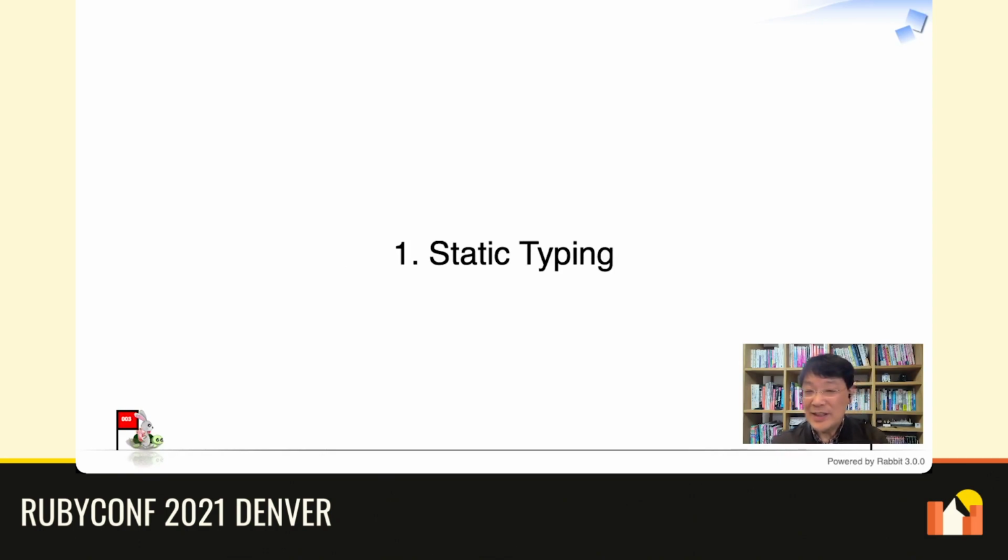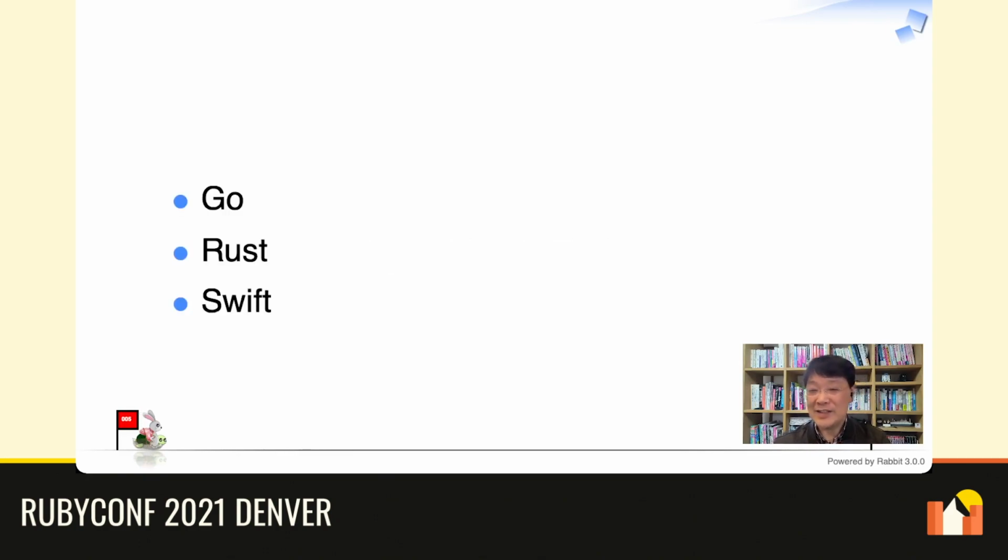The first one is static typing. Now, this is the age of static typing. Modern languages like Go, Rust, and Swift are all statically typed.